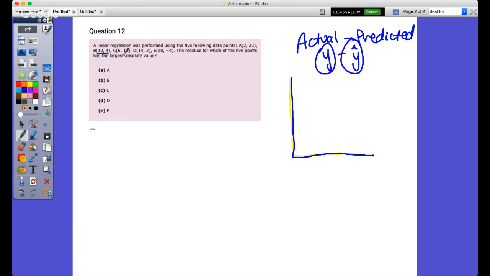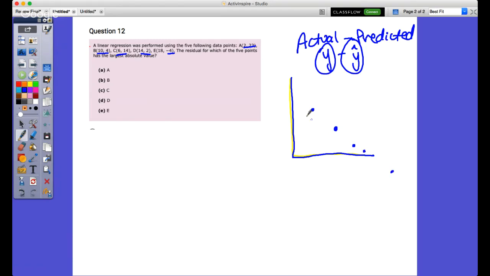Each of these points are the actual y's here.